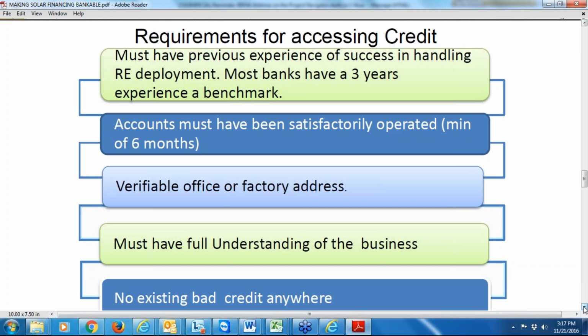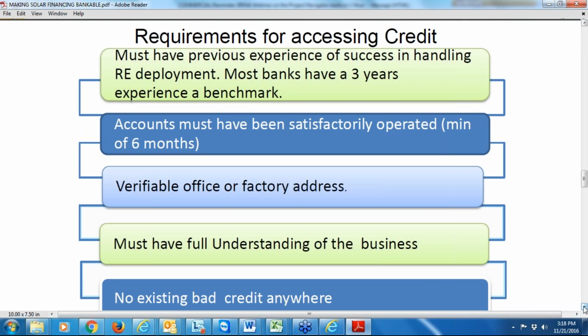You must be able to demonstrate that you have experience of success in handling deployment of renewable energy. You find so many people who want to come up and put in, say, a funding requirement for $1 million or $500,000, and yet you cannot show a success in a project of $100,000.